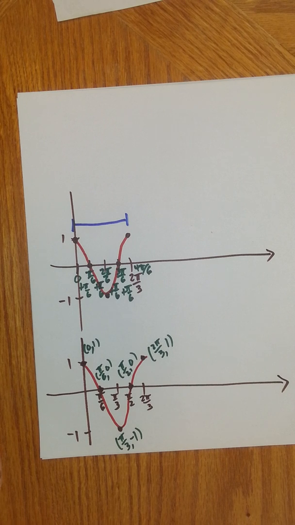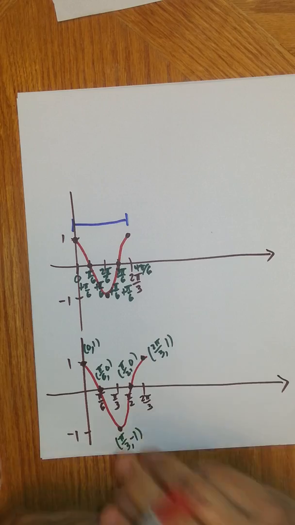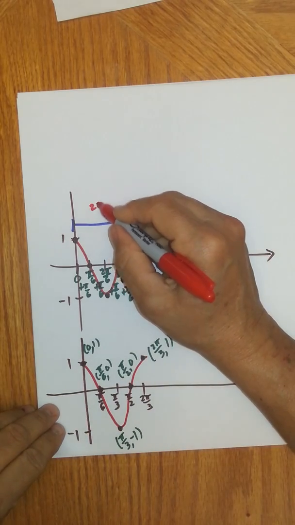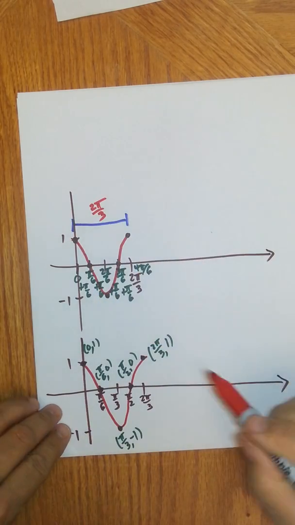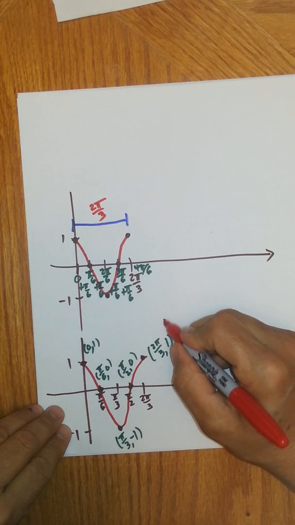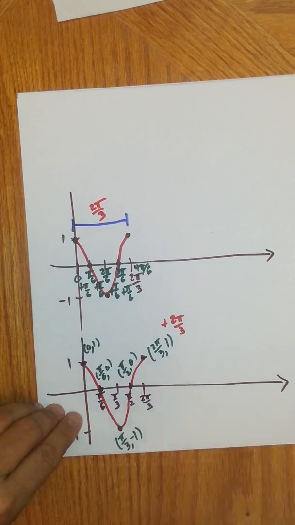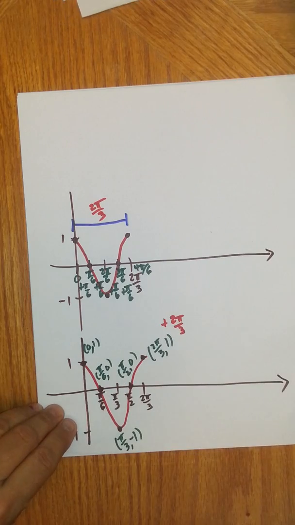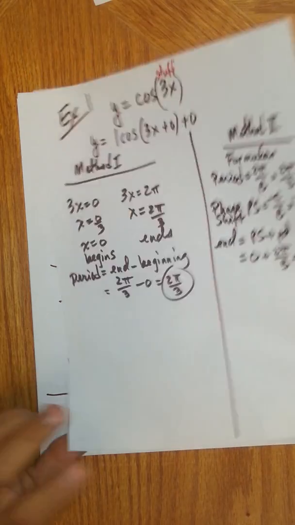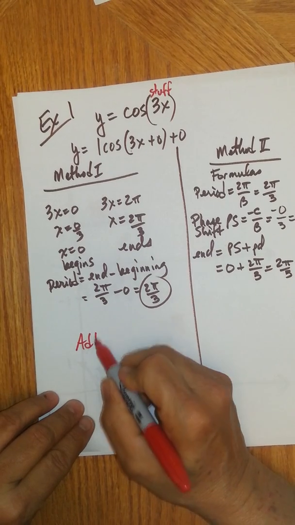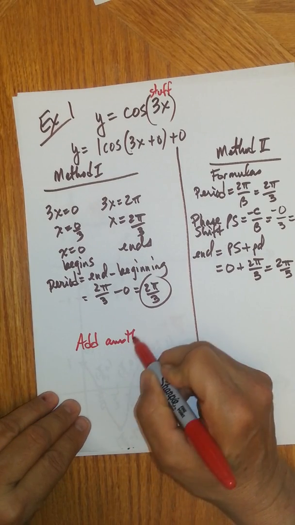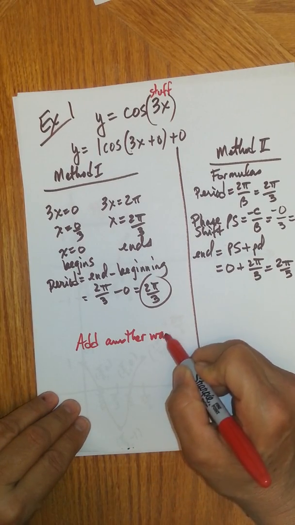Well, what I see is that the period is 2 pi over 3, this distance from beginning to end. So all I have to do is add another 2 pi over 3, if I did add another wave or cycle.